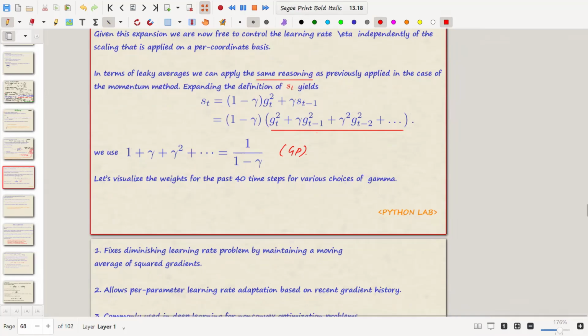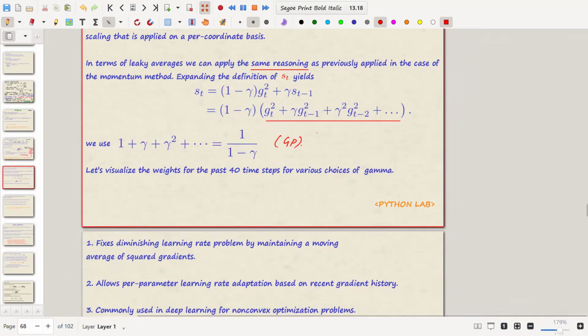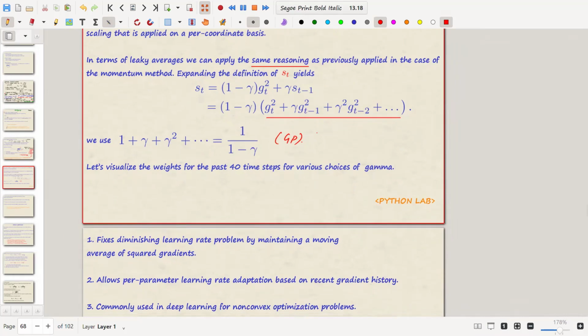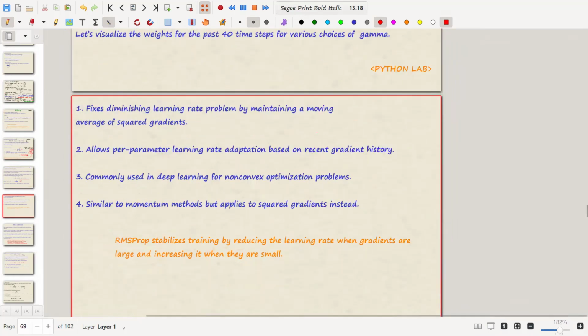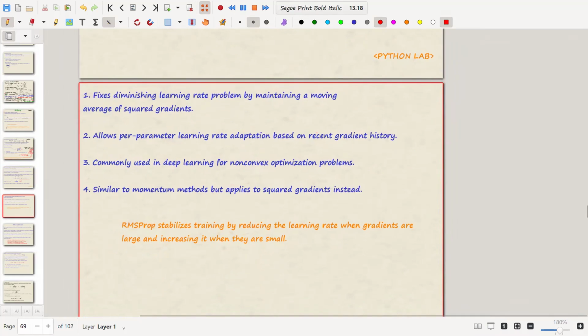I think we should see this in Python maybe. Anyway, we'll just cover why it is being used. The main reason we are using RMSProp is that if your learning rate keeps on diminishing or continuously decreasing, then through this method you adaptively change your learning rate with respect to iterations. And how do you do this?